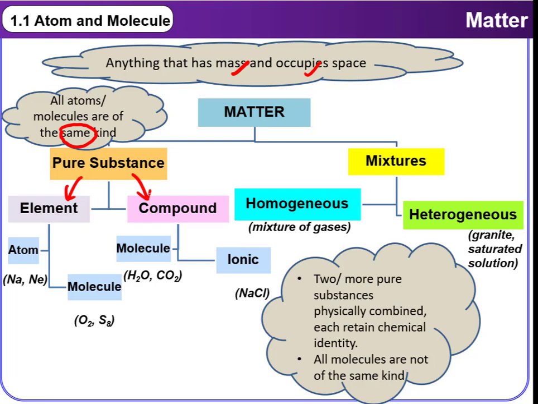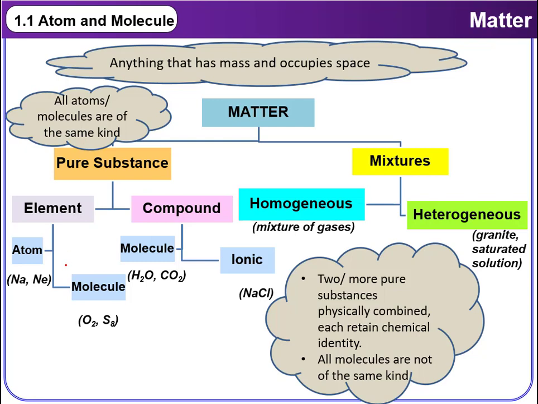Element is the pure substance that consists of only one type of atom, and it cannot be broken down into any simpler substances. In other words, element is the simplest substance. Tak boleh dipecahkan kepada yang lebih kecil. Atom, okay, for instance, we have sodium atoms, neon, argon, and so on.